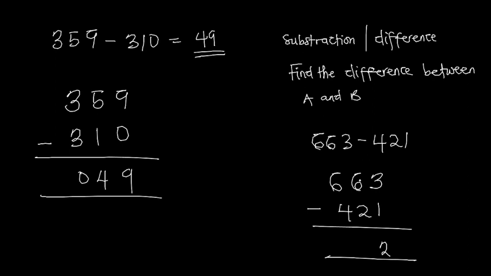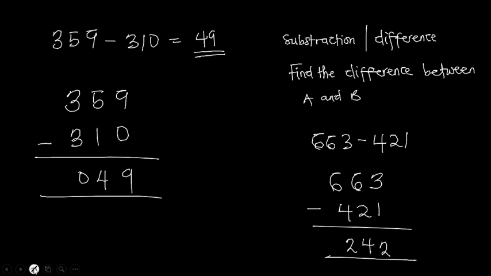Under the tens column I have 6 and 2. So 6 minus 2 will give me 4. Now I come to the hundreds column. So 6 minus 4 will give me 2 again. So I have 2, 4, 2 here as my answer after subtracting 663 and 421.